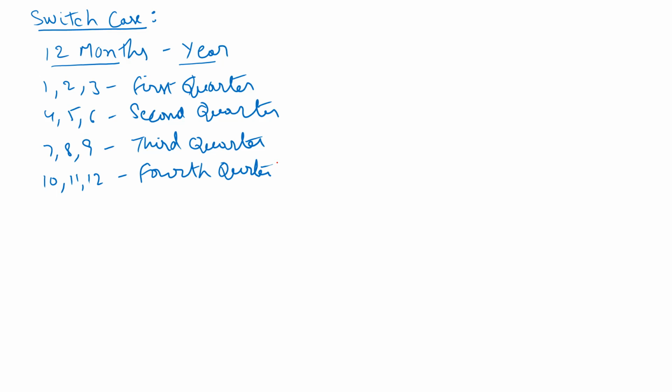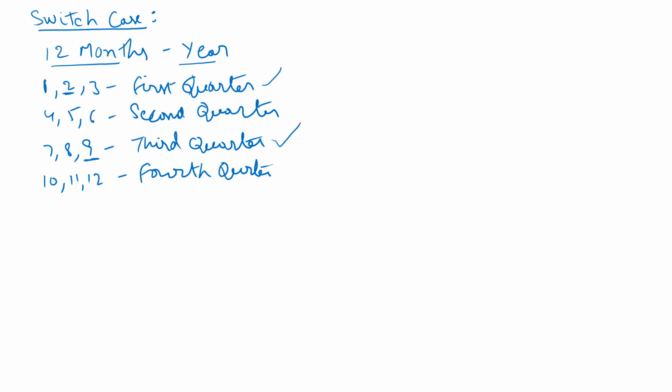I would like to write a program where, when I pass the month number like 1 or 2 or 3, it should print the corresponding quarter. That means, let's say I pass number 2, it should print first quarter. Let's say I pass number 9, it should print third quarter.